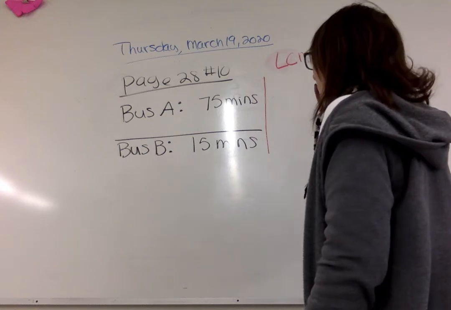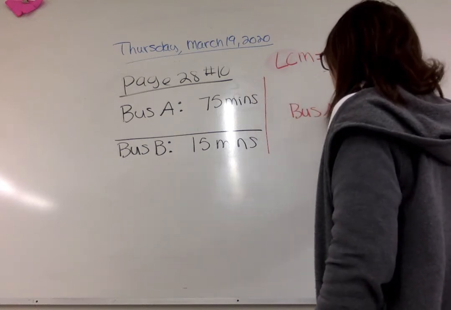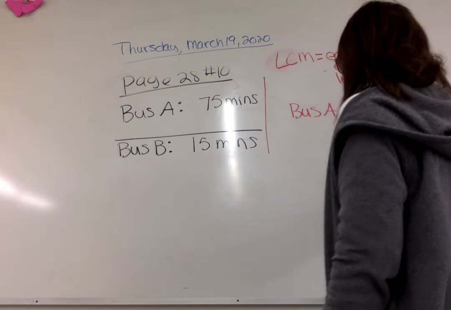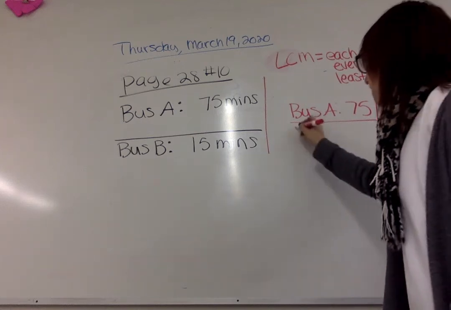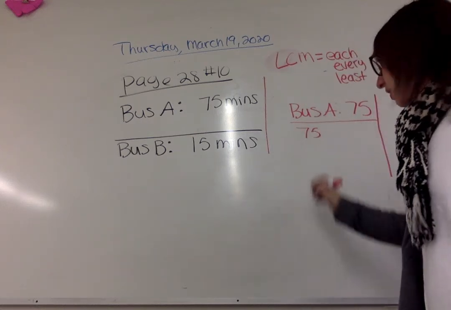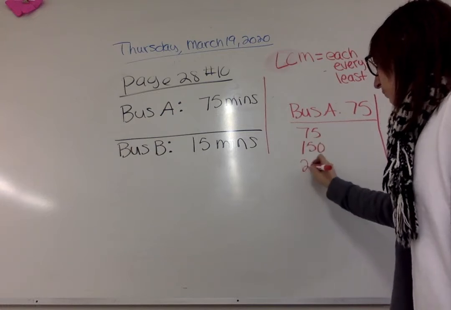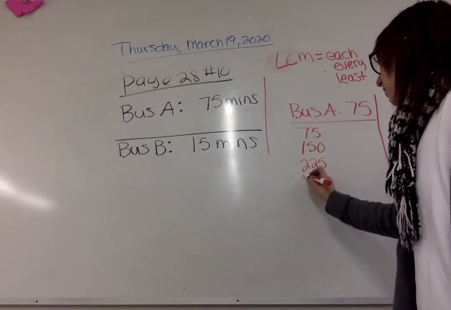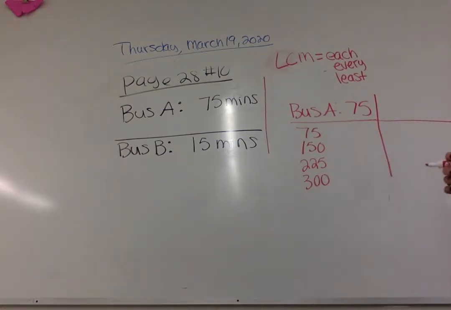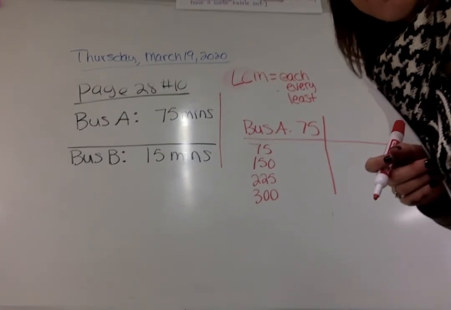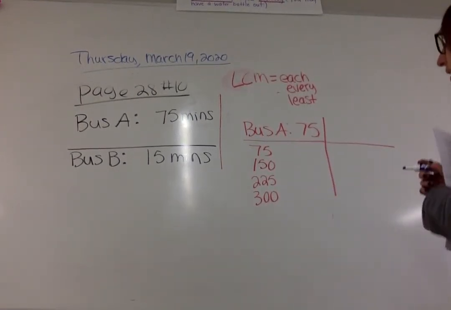Now I'm going to list all the multiples of 75 on my T-chart. I'm going to count by 75. 75 times 1, 75 times 2, times 3 is 225, another 75 gives me 300. Now I need to figure out when bus B will come.